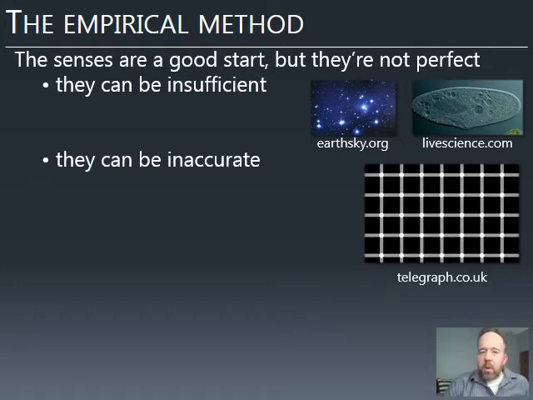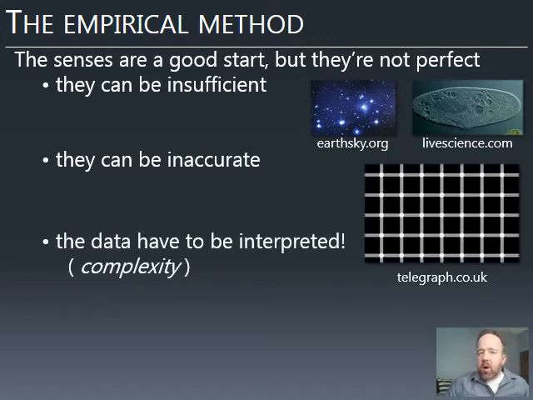So your senses can be not just insufficient, but inaccurate. They can give you an impression of something being there that isn't, or vice versa. So your senses aren't necessarily an accurate representation of the world. By the way, neither is your memory. Even if you sense something accurately, if you're depending on your memory later, that can often be inaccurate as well.